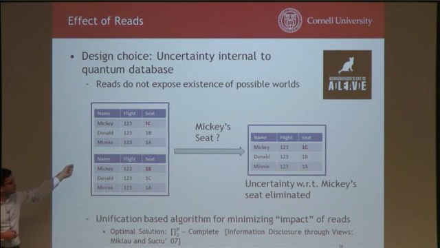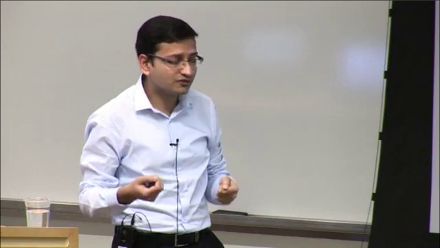And now if Mickey issues a read query over this quantum database, the quantum database, in order to keep the uncertainty completely internal, collapses all possible worlds in which Mickey can have two different seats. Sorry, it collapses to a set of possible worlds over which the read query has a completely deterministic answer. In this case, it has eliminated one of these possible worlds.